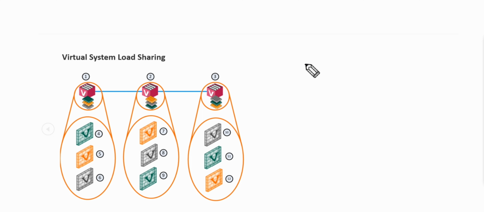So consider one virtual system will take 30%, the second will take 30%, and the third one will take 40% because 10% is remaining. But the Checkpoint will try to do equal load distribution amongst these virtual systems.